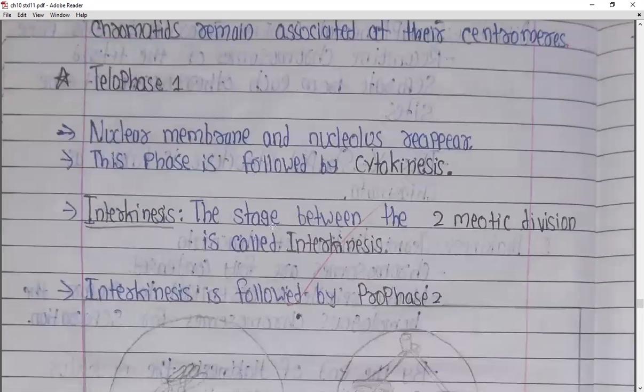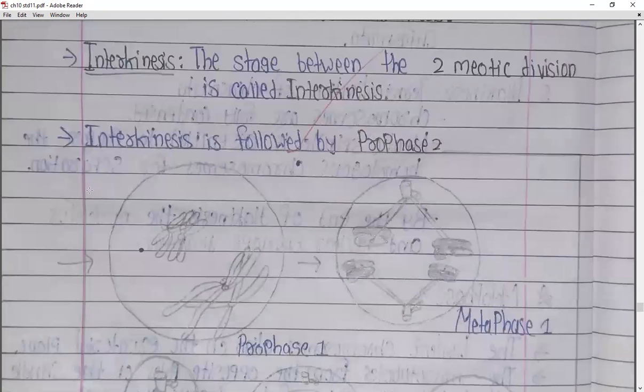And interkinesis is the stage between the two meiotic divisions. This interkinesis is followed by prophase 2.